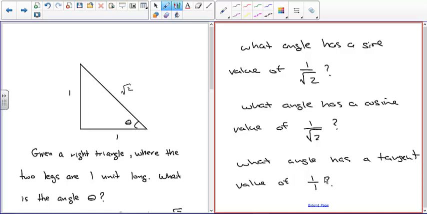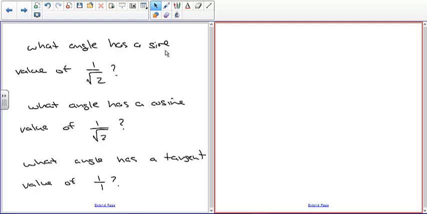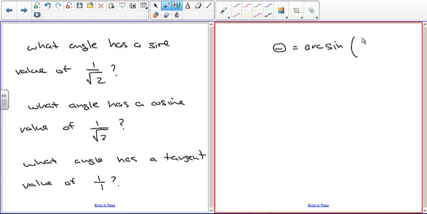The way we symbolically represent that question is, for this one, theta equals the arc sine of 1 divided by the square root of 2.